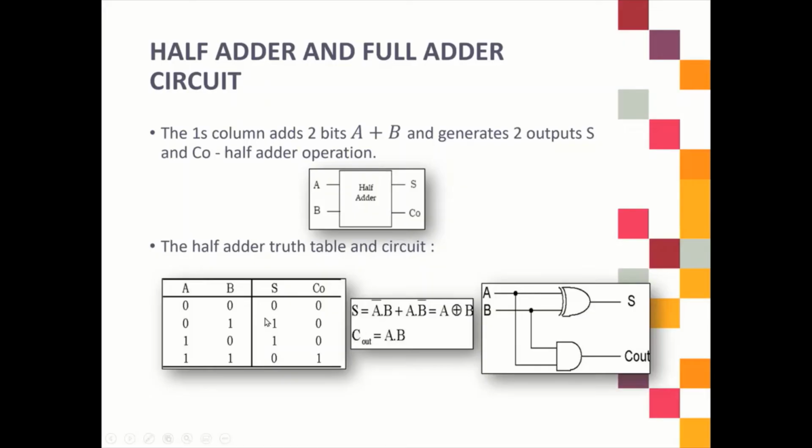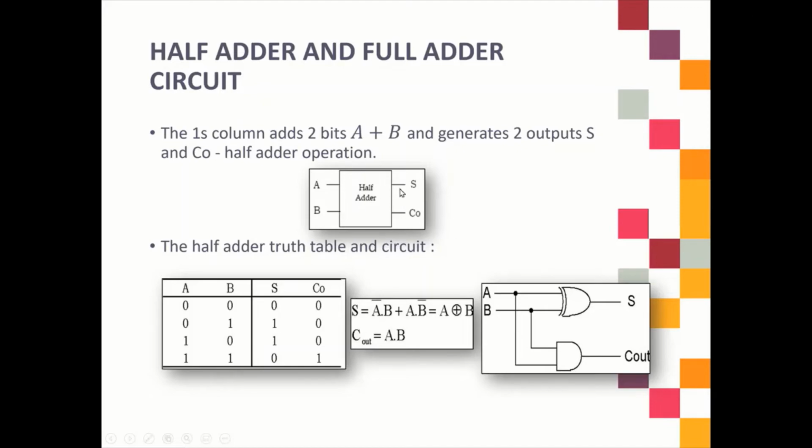Based on the truth table, you need to list down the combinations of input. Because based on the diagram, you have two inputs, A and B, you have 4 combinations of bits 0 and 1.